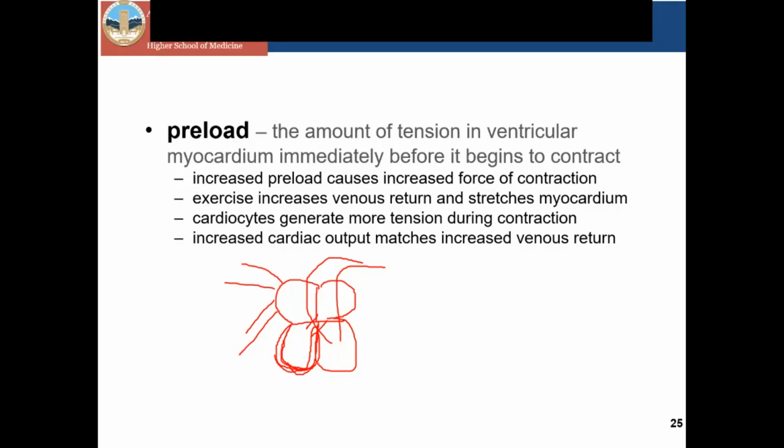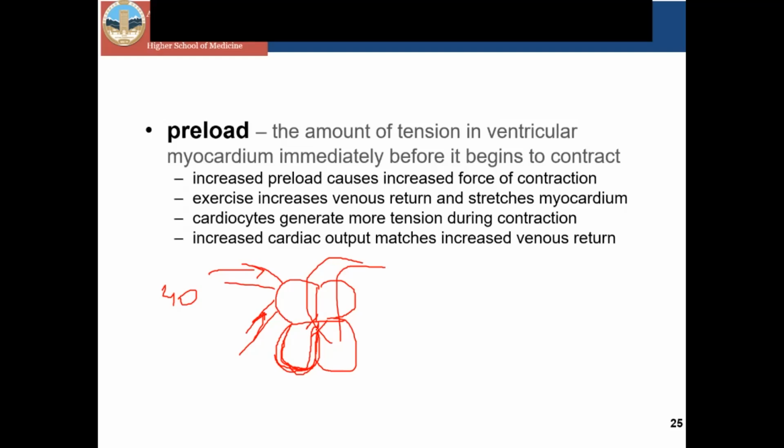How to say it easier? For example, blood goes to the heart through these veins. Say it will be 40 milliliters. I don't remember exactly how much it is. Okay, 40 milliliters go to the ventricle. It is dilated, and this tension in the dilated ventricle, the increased tension in the myocardium, means preload.